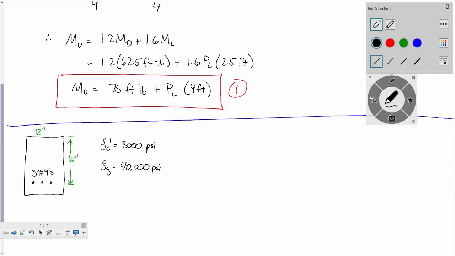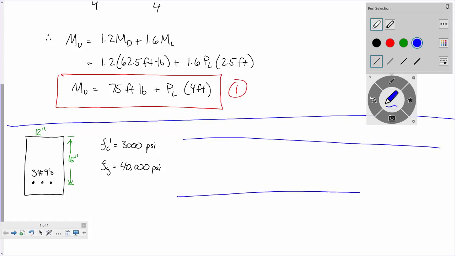So if I look at this from a strain perspective, we're looking at ultimate strengths, right? So if I were to look at my strain profile, it's going to look something about like this, right?